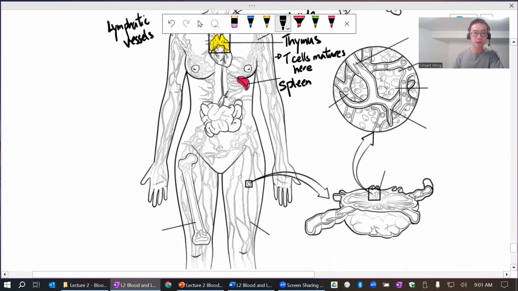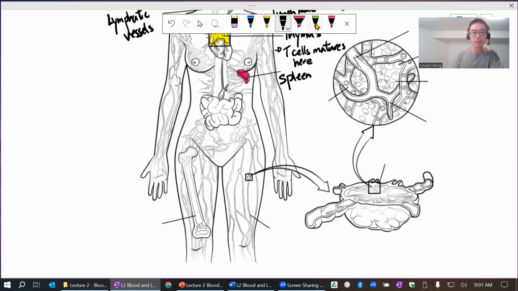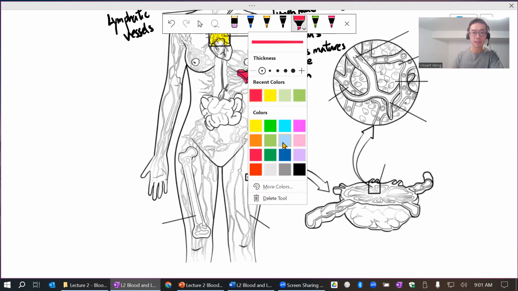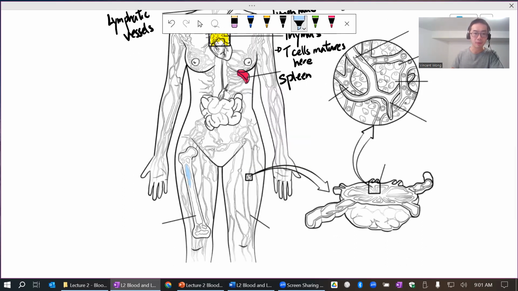Moving down, over here we have a bit of the bone marrow. Bone marrow, of course, is part of your lymphatic system because that's where new WBC are produced.